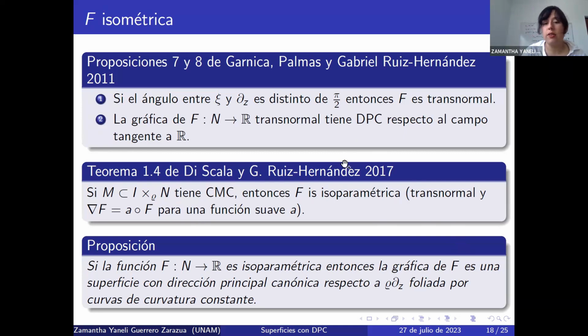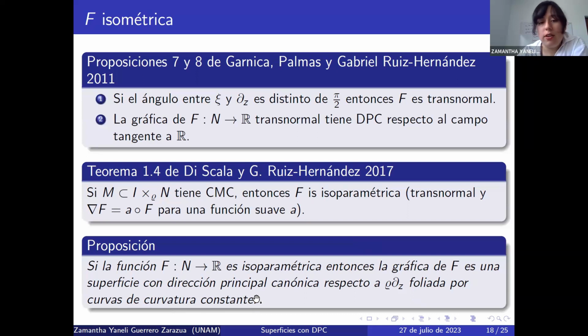Then Di Scala and Gabriel Ruiz in 2007 showed that if a surface in a warped product has constant mean curvature, then F is isoparametric, which is transnormal, and it satisfies this other condition. Well, another new result is that the reverse is not completely true, but if we have F, which is isoparametric, then the graph of F has canonical principal direction, and it is foliated by curves of constant curvature.